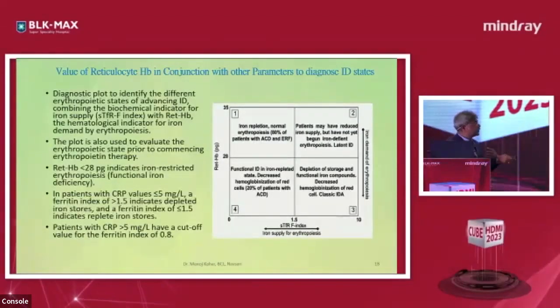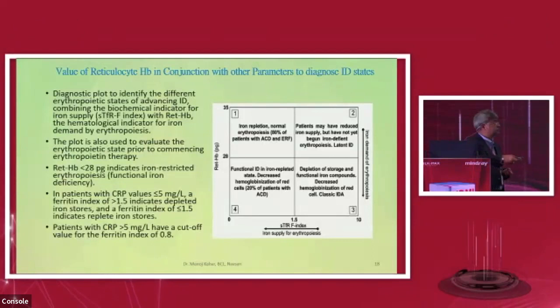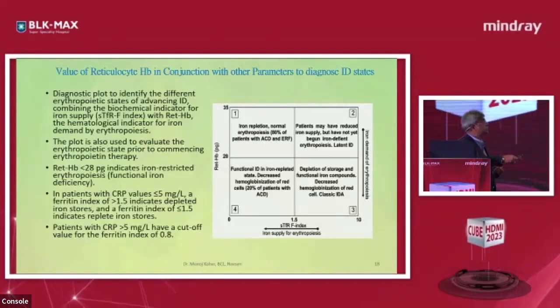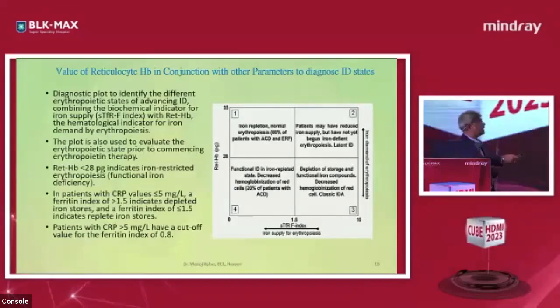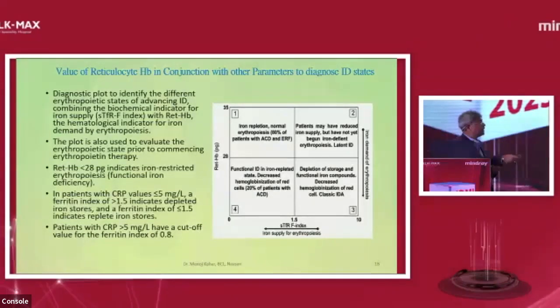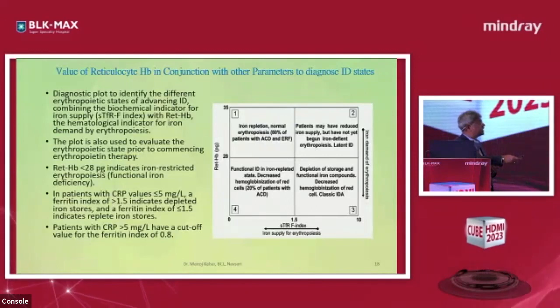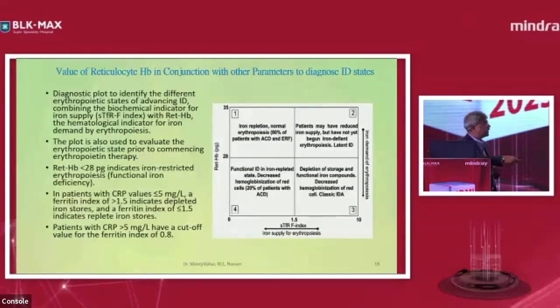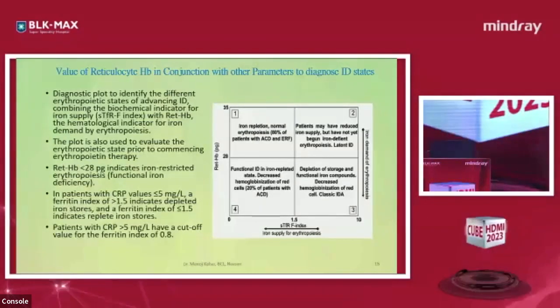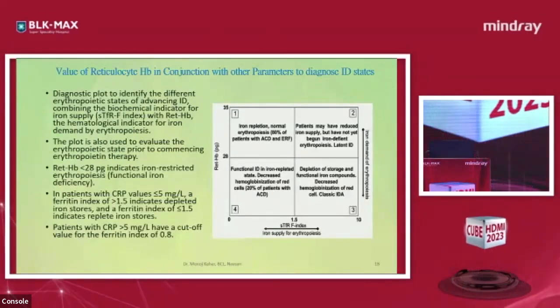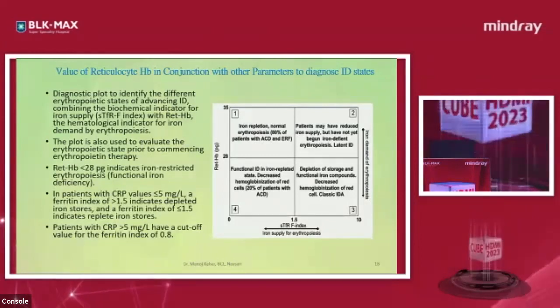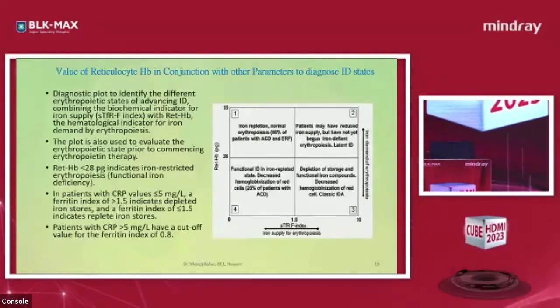Then there are various plots which are being published which help us to identify different erythropoietic states of advancing iron deficiency. And they are combining biochemical indicator for iron supply, that is this STFR-F index, and you have the hematological parameter for iron demand.